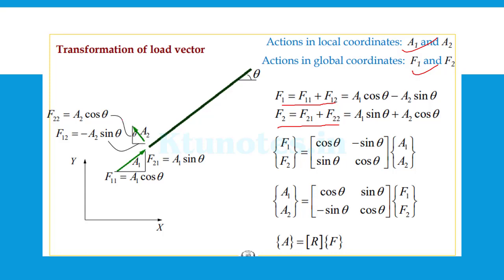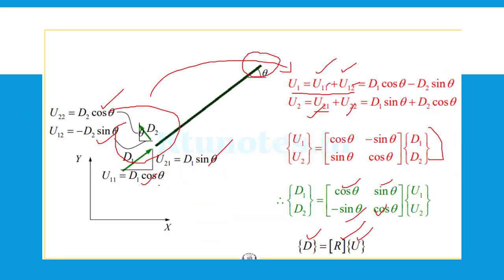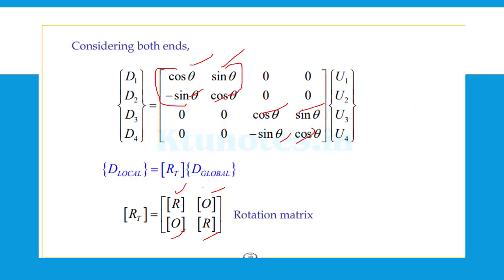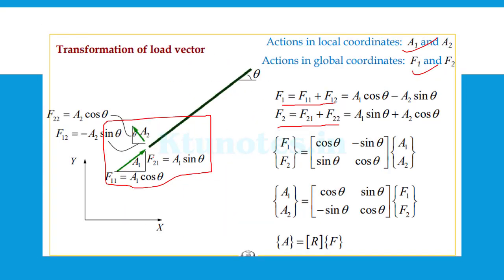So here also we are doing only for one side, and then we will club it later. For a unit movement along the line, the corresponding f11 will be a1 cos theta, which will be similar to d1 cos theta. Also f21 is equal to a1 sin theta.